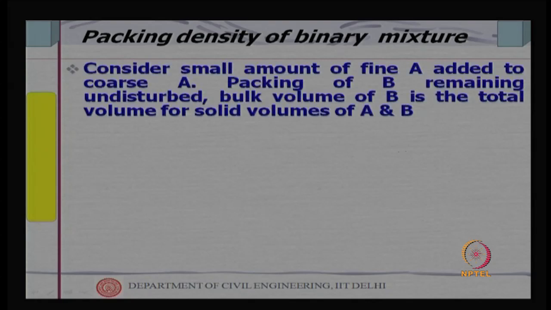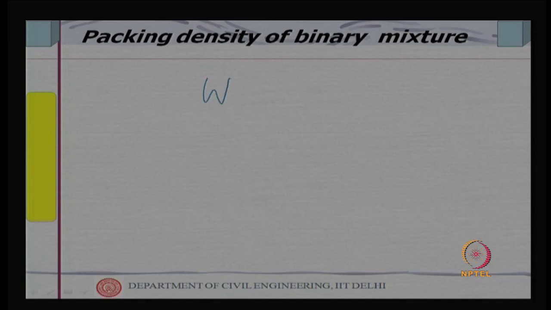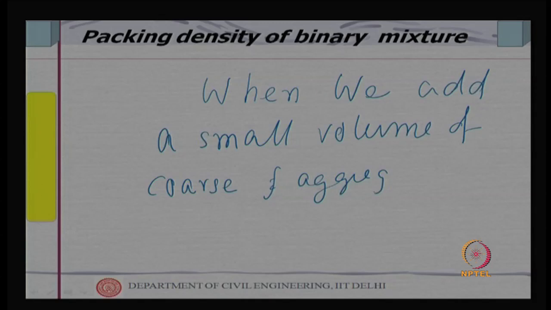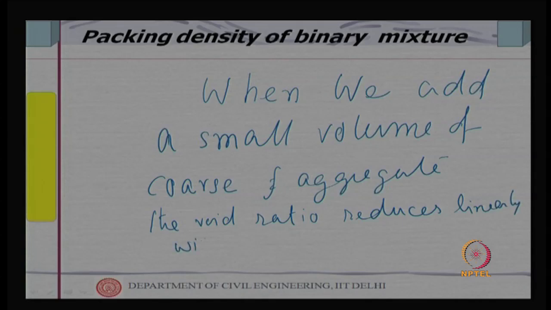So, from the previous one, what we have seen is that when we add a small volume of coarse fraction, coarse aggregate, the void ratio reduces linearly with x, which is nothing but the volume fraction of the total volume.